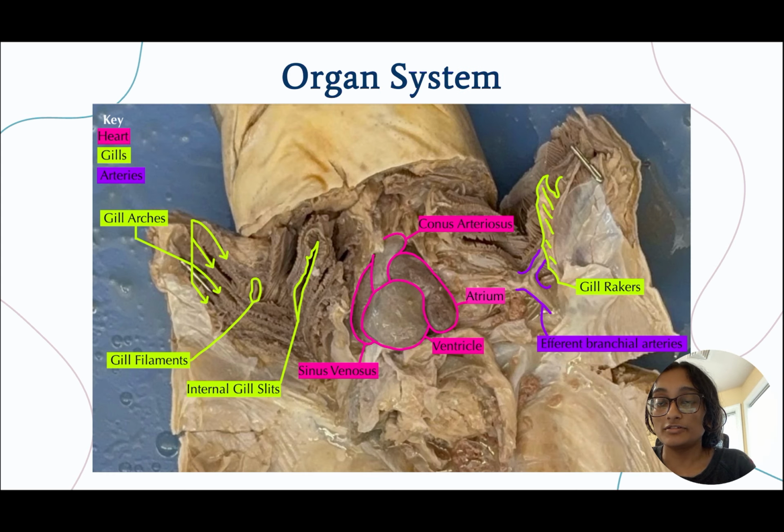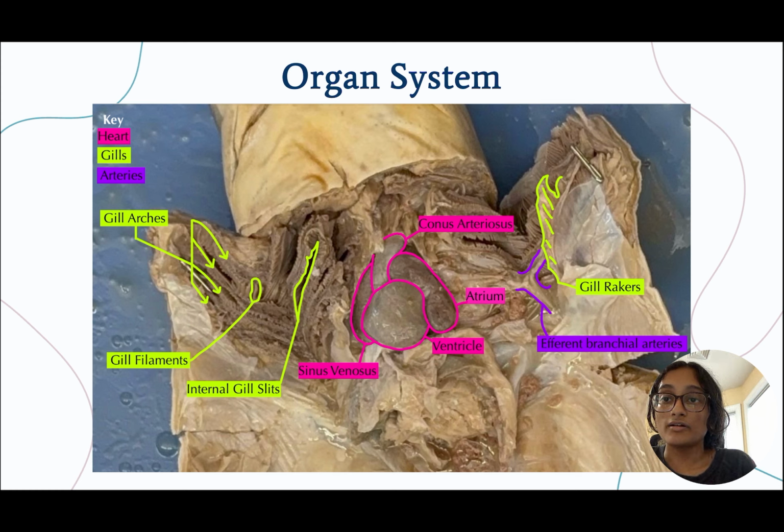To now continue with our investigation of the respiratory system of a spiny dogfish, I would like to introduce the respiratory organ system. The pink here represents the system that makes up the heart. The parts that make up the heart of a spiny dogfish include the conus arteriosus, the atrium, the ventricle, and the sinus venosus.